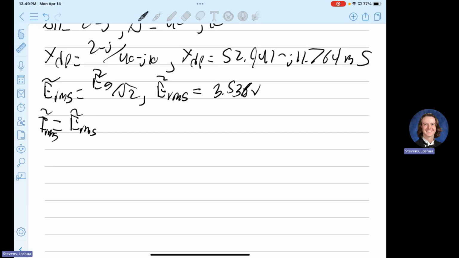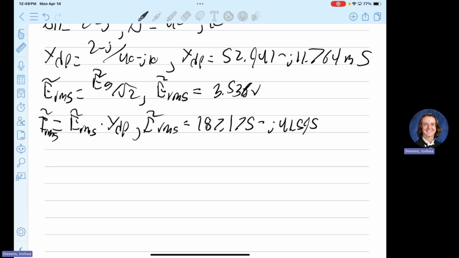I also agree. So when you multiply those two numbers, you get the current: I RMS equals 187.175 minus j41.595 milliamps.